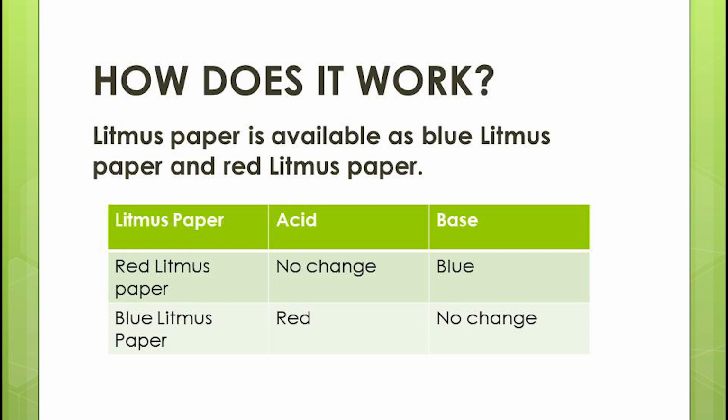By that I mean the color of the paper will not change. It will remain red. But if you throw a piece of paper into the container containing base, the red litmus paper will immediately change its color and it will turn blue.